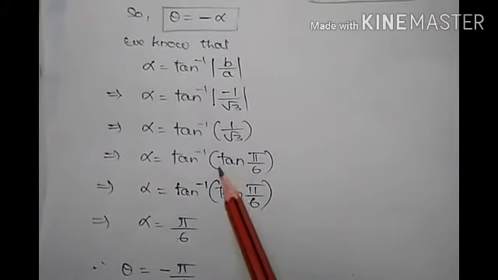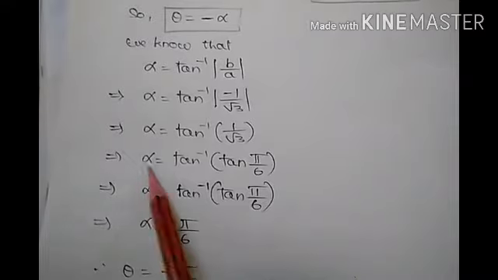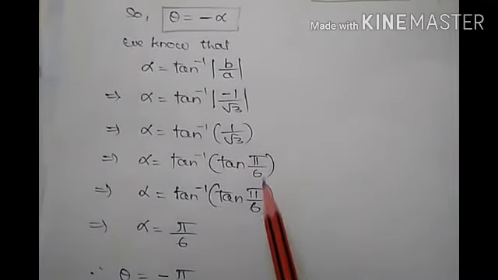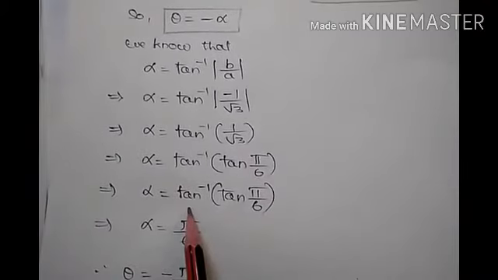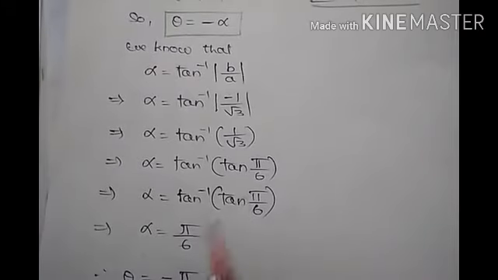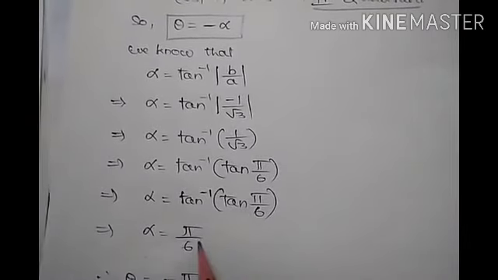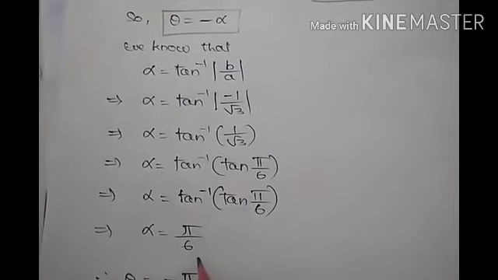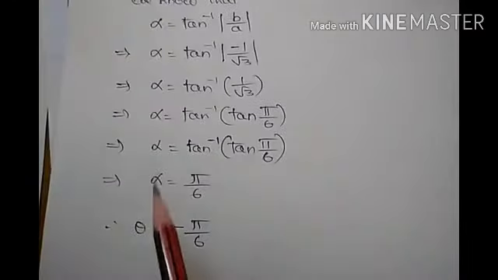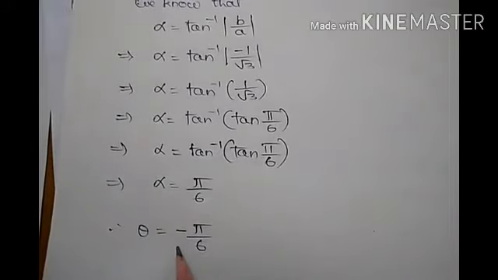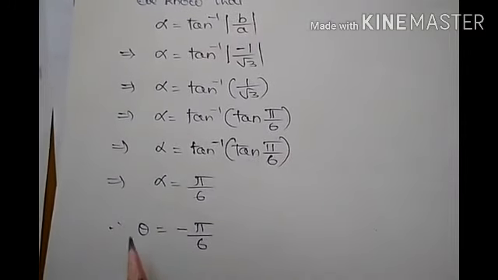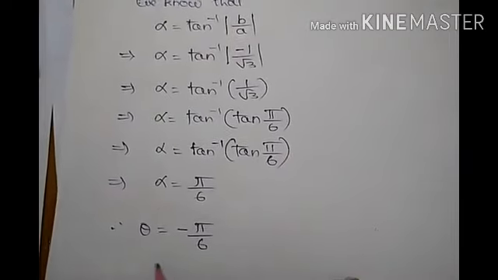Instead of 1 by root 3 we can write tan pi by 6. So alpha equal to tan inverse of tan pi by 6, which gives pi by 6. Therefore alpha equal to pi by 6. In the fourth quadrant, argument theta equal to minus alpha. Therefore theta equal to minus pi by 6.